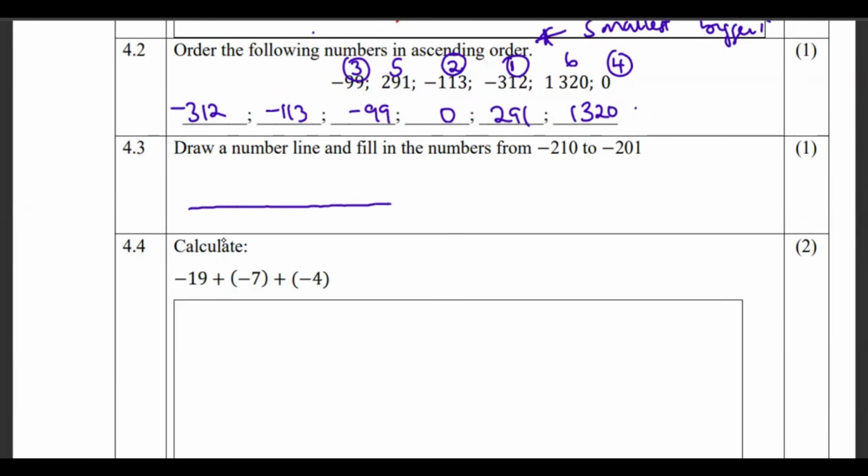All right, draw a number line and fill in numbers from negative 210 up to negative 201. So they want us to see where do we represent those numbers. So if this is 2, 3, 4, 5, 6, 7, 8, 9, I'll say 10.